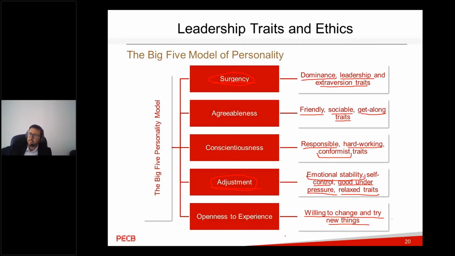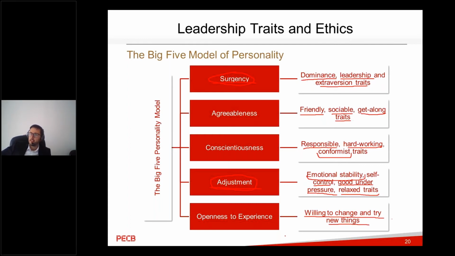Whereas the agreeableness dimension seems to have very little correlation when it comes to successful leaders. So we tend to say that people should not be too concerned about whether they are liked too much by others if they want to lead, because you can never satisfy everybody at the same time. We cannot please everybody.